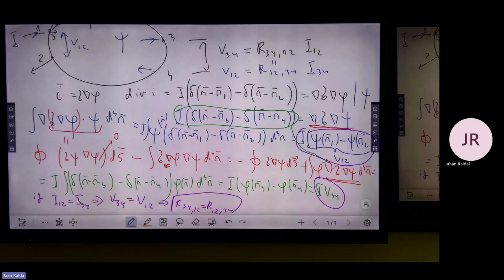Raise your hand if it's clear. Okay, good. Now we have different other similar theorems as well. Perhaps you know some similar theorems. Reminding this reciprocity theorem. No one knows.